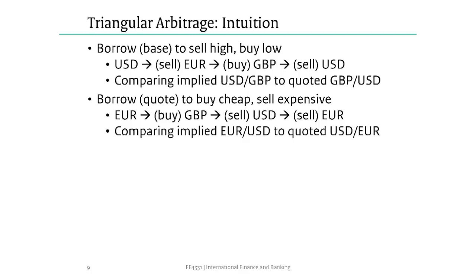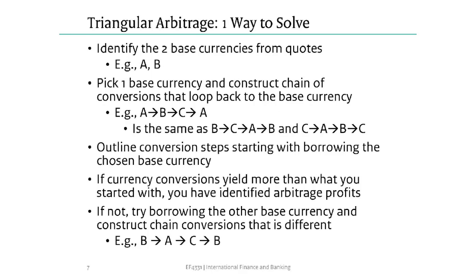Okay, so maybe summarize again what's going on here. What I basically gave you is a bulletproof strategy to solve any triangular arbitrage problem. The hard part is probably outlining the conversion steps, because when you outline the conversion steps, you have to think about which currency to buy or sell.